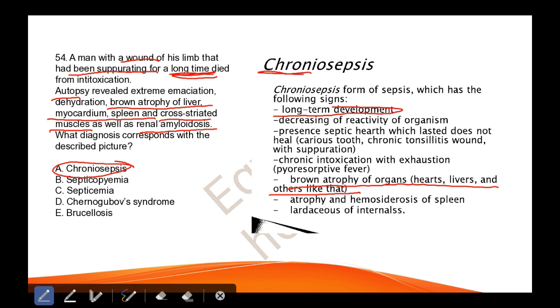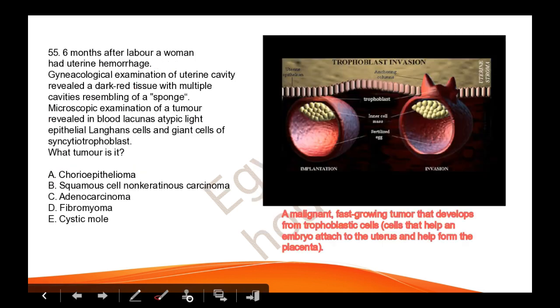This is chronic sepsis, and you can see here the suppurations. Septicopyemia and septicemia are two different diseases that we'll discuss in a separate video, and we will differentiate between these three cases.